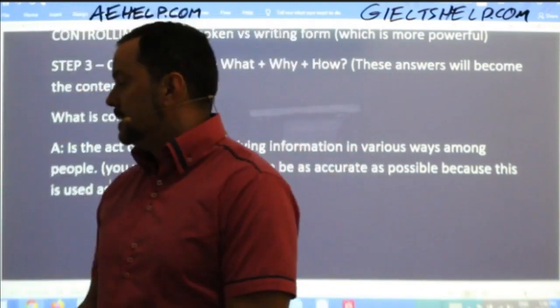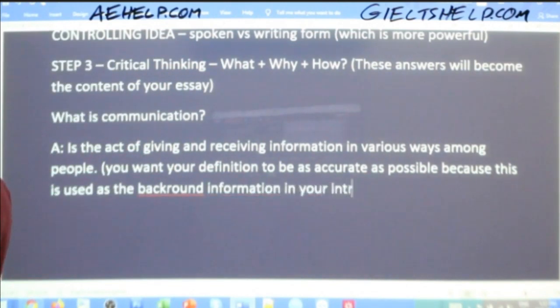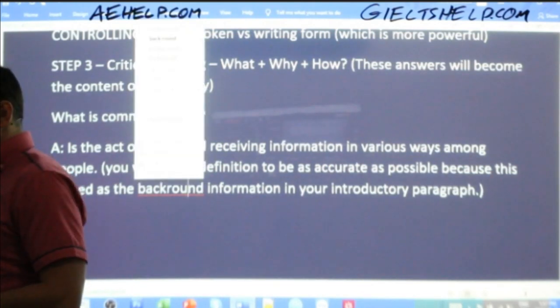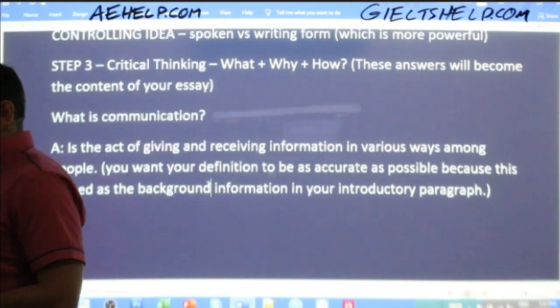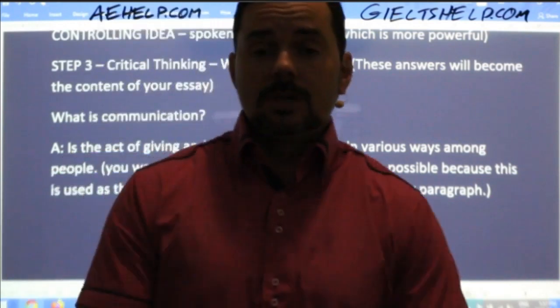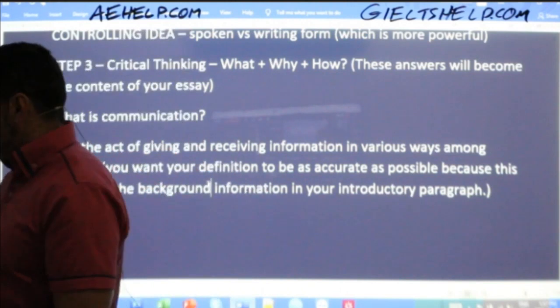It is used as the background information in your introductory paragraph. So the more accurate it is, the more sense your essay is going to make, because you're laying the foundation with your definition. And as all of you know, the stronger your foundations, the stronger your communication, the stronger your essay. So that's where you're going to use this.